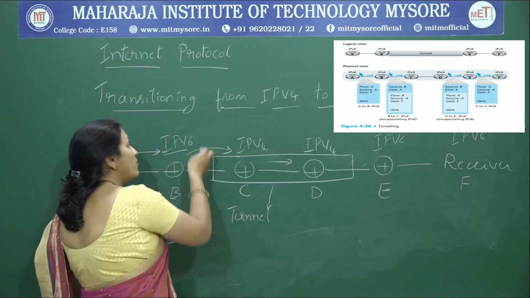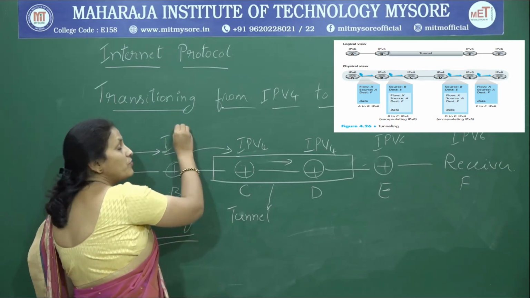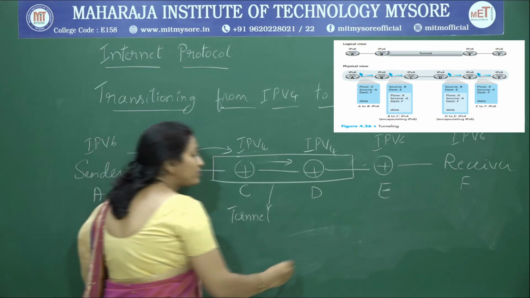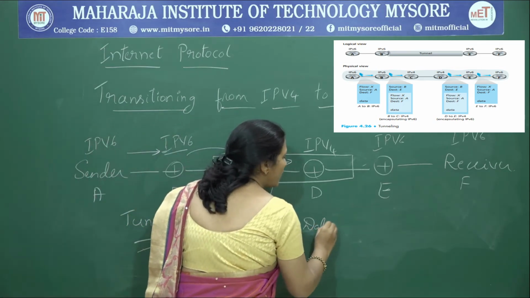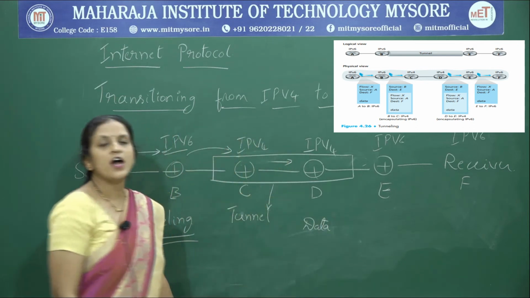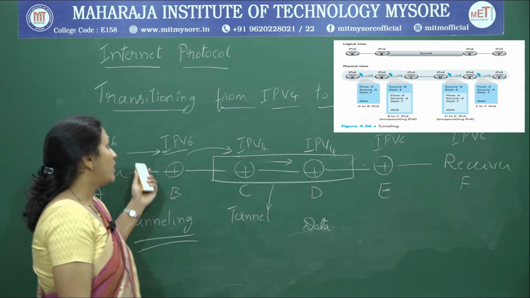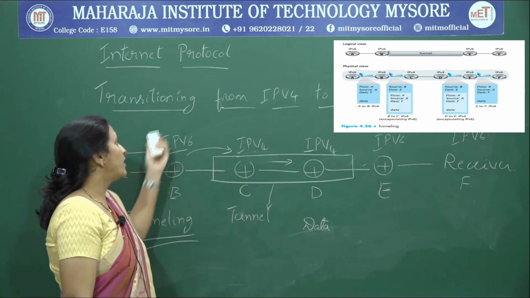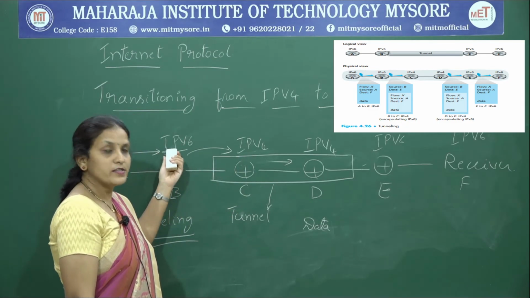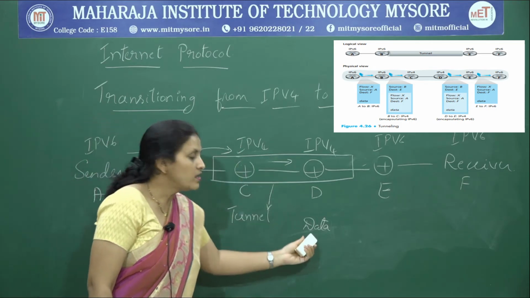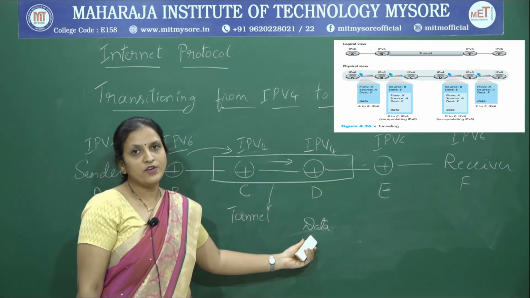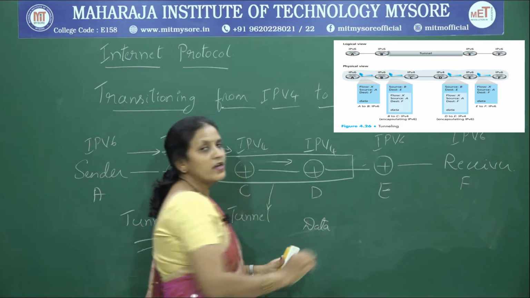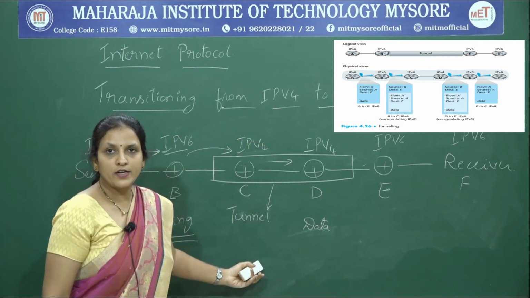Whatever datagram we had in IPv6, the entire datagram is placed in the data field, the payload, of the IPv4 datagram. When converting from IPv6 to IPv4 format, the entire datagram packet itself is stored as payload data in IPv4. So it will pass through C and D thinking that it is just an IPv4 datagram.